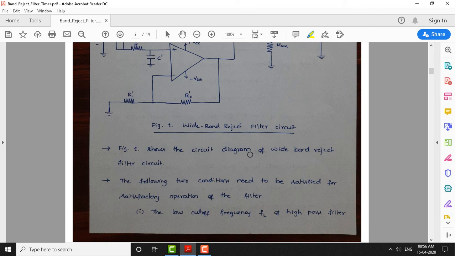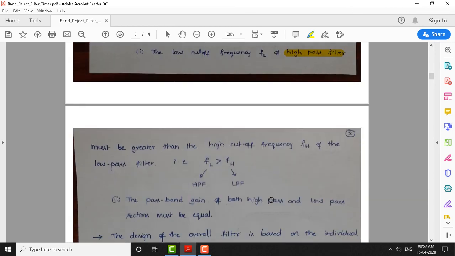Figure 1 shows the circuit diagram of wide band reject filter, and two conditions must be satisfied for the satisfactory operation of the filter. The low cutoff frequency FL of the high pass filter and the high cutoff frequency FH of the low pass filter need to satisfy this condition: FL should be greater than FH.